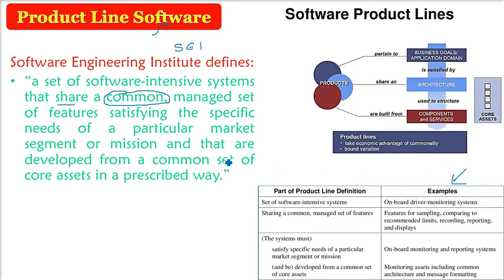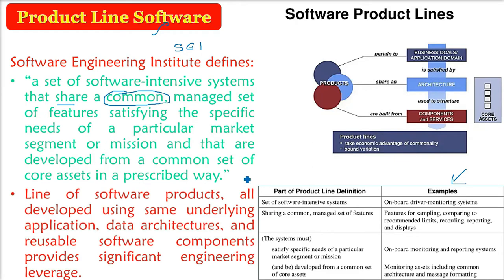I'll give you an example of an onboard driver monitoring system. So we are talking about a field for which this software is being made or developed. The line of software products is developed using the same underlying application.